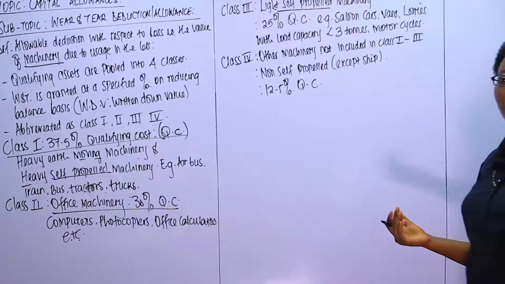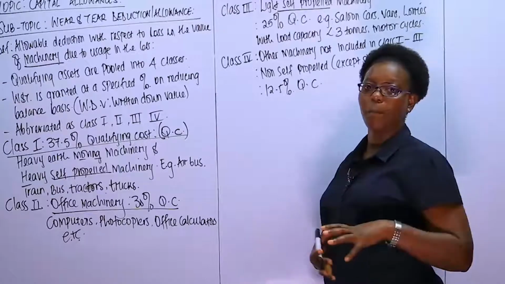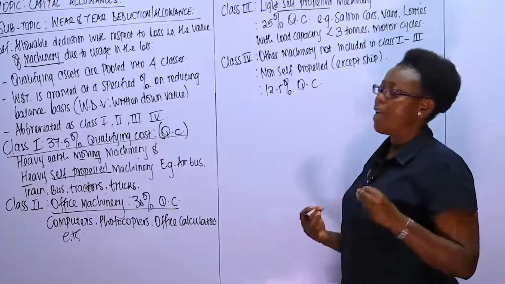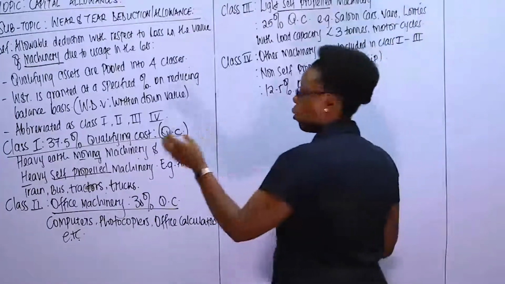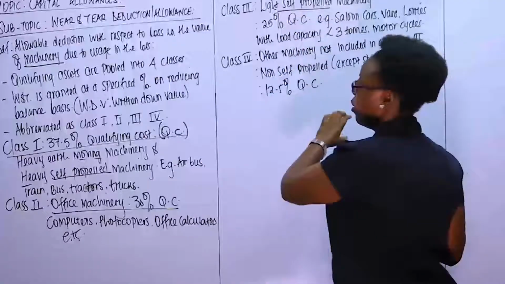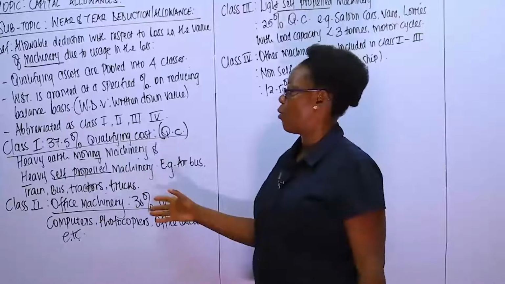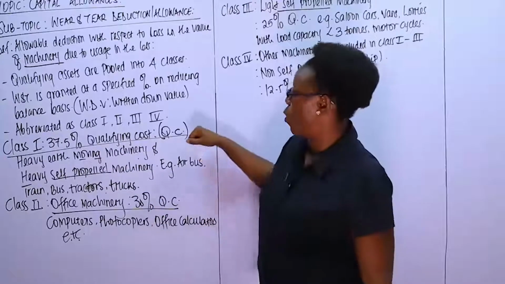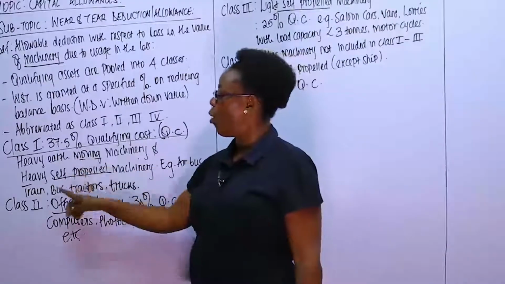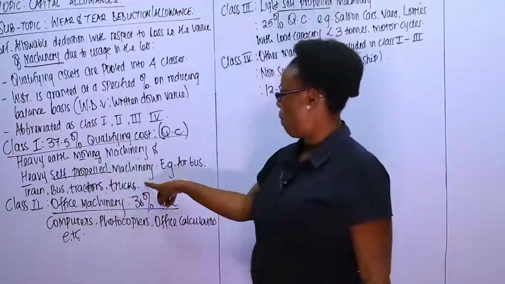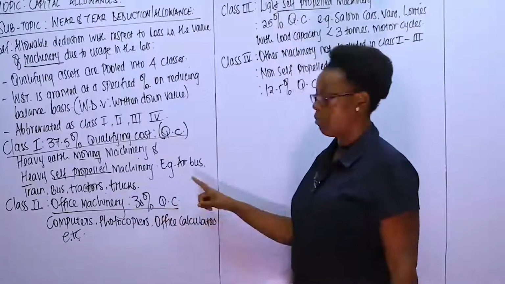So what you'll normally do is that you'll be given a list of assets that are owned by a company or by a business, and then depending on the nature of the asset, you're going to put it in pool 1, pool 2, pool 3, or pool 4. So in class 1, for an asset to qualify, it's got to be heavy earth-moving or heavy self-propelling machinery. Then for class 2, it's got to be an office machinery.